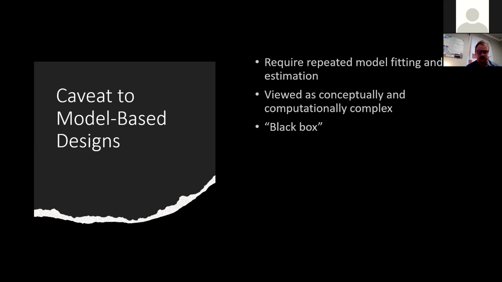What you're doing is repeatedly model fitting and estimating during the trial, which can be pretty intensive and not very efficient. Therefore, it's viewed as conceptually and computationally complex and really kind of a black box, because usually you have your biostatistician doing something on his computer, and it's not really clear why decisions are being made.